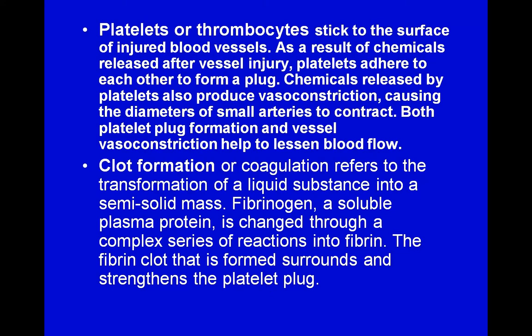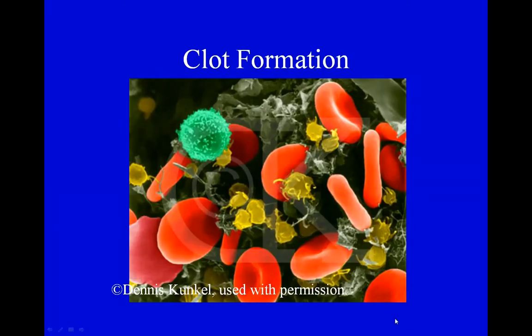So there were 3 steps in stopping bleeding. One is the blood vessel constricts. That's a temporary thing. Platelets would be attracted to the site. They would stick to the edges of that blood vessel and form a platelet plug. And then to form a more solid plug, there would be fibrinogen, which breaks down into fibrin, and that fibrin forms a strong plug as it forms with those platelets.